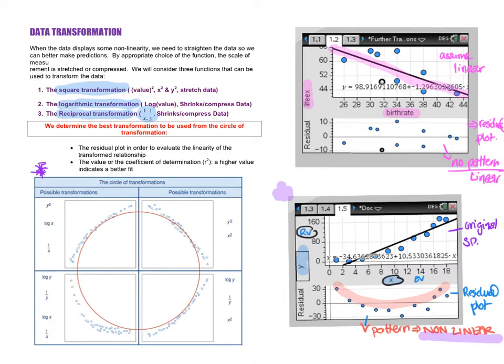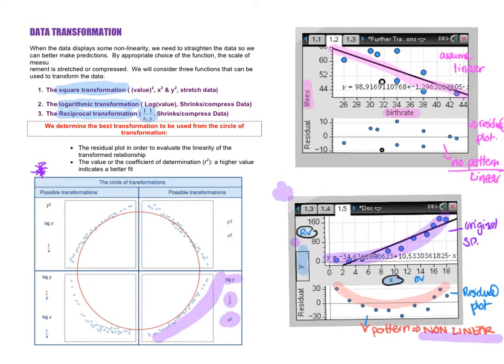When I look at the original scatter plot, can you see it sort of has a curve in there like that? So you try to find what part of this circle it looks like, and I think it looks like this. So the best transformations for this data would be to either log the y values, or you could do a 1 over y, or you could do an x squared transformation.